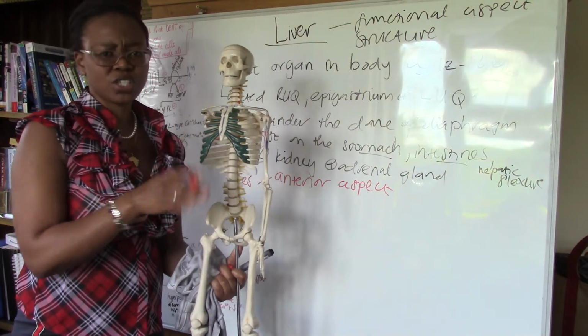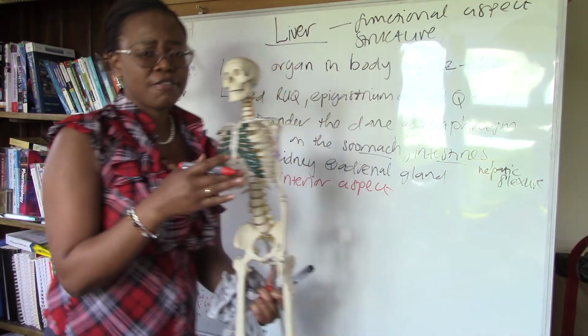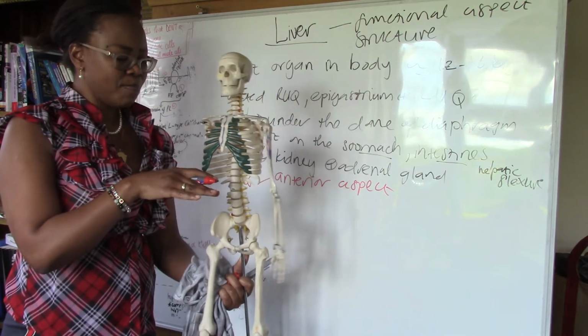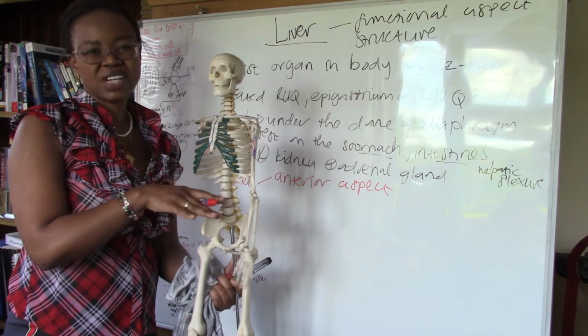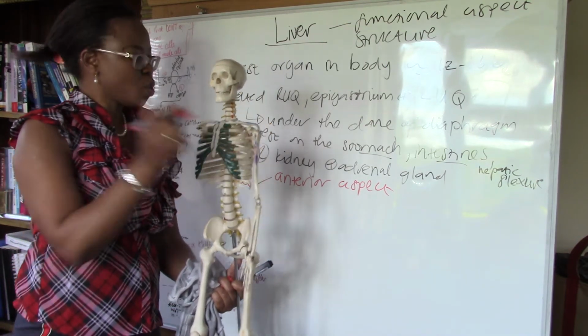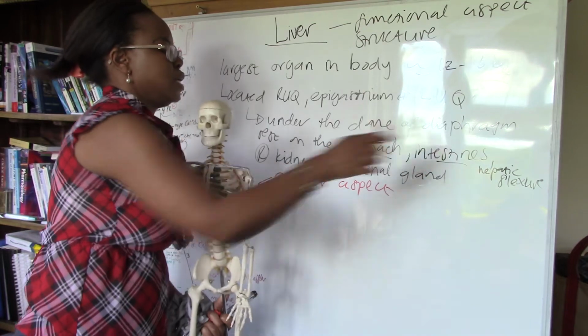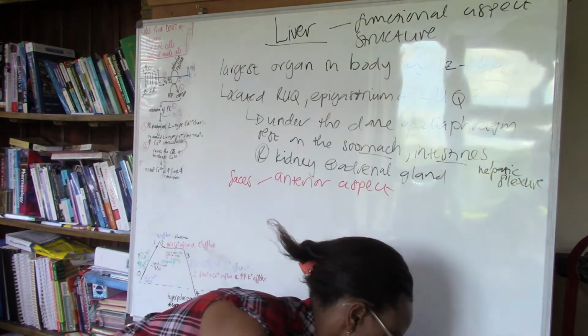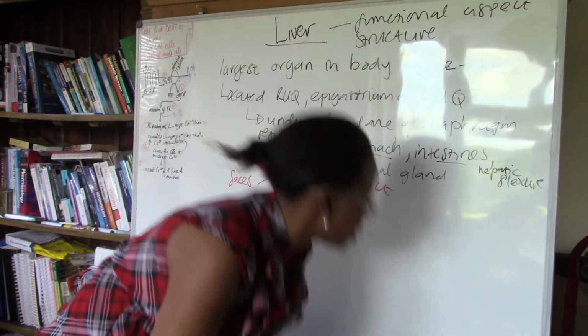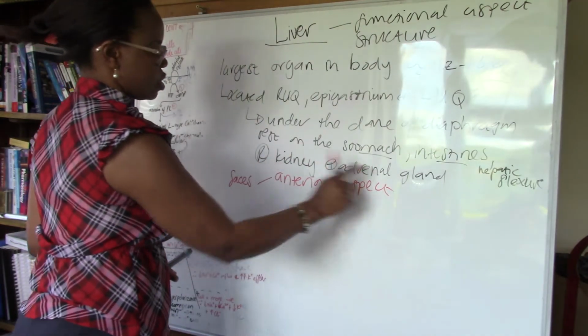So that's really important to know, that it has faces. The inferior aspect really is the visceral aspect, which rests on the GI organs and indeed the urinary tract organs.